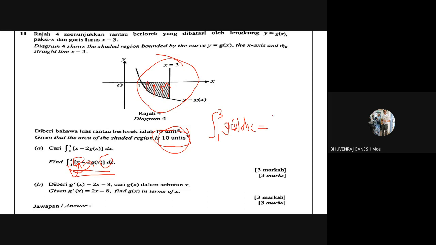Okay guys, if I write like this, correct or wrong? Can you tell me? Kalau saya tulis macam ni, saya keluarkan info ni. Why wrong? Mengapa salah? Nope, not modulus.